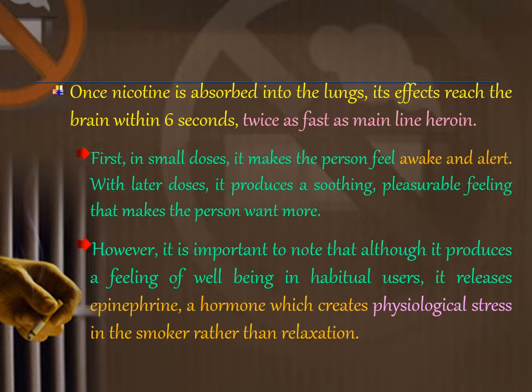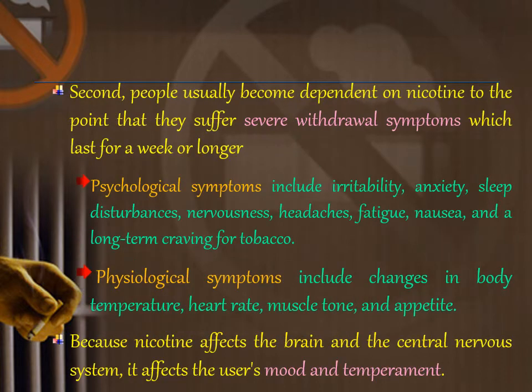However, it is important to note that although it produces a feeling of well-being in habitual users, it releases epinephrine, a hormone which creates psychological stress in the smoker rather than relaxation. Second, people usually become dependent on nicotine to the point that they suffer severe withdrawal symptoms which last for a week or longer. Psychological symptoms include irritability, anxiety, sleep disturbances, nervousness, headache, fatigue, nausea, and a long-term craving for tobacco.